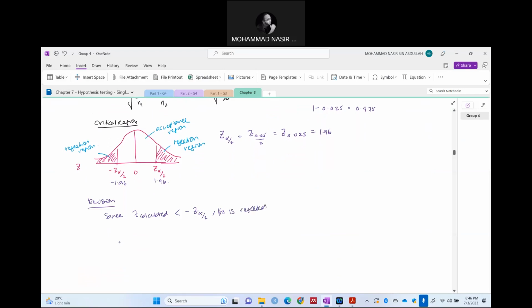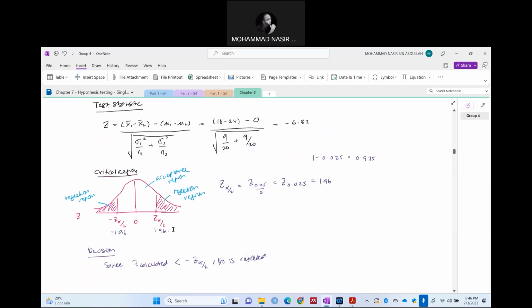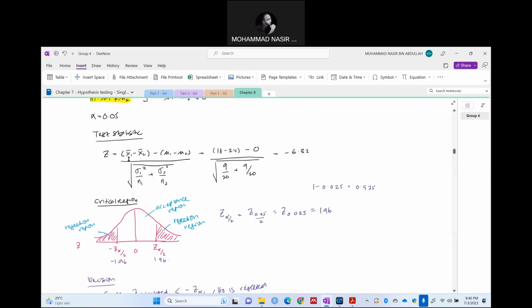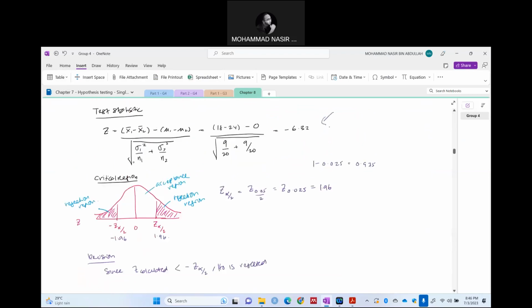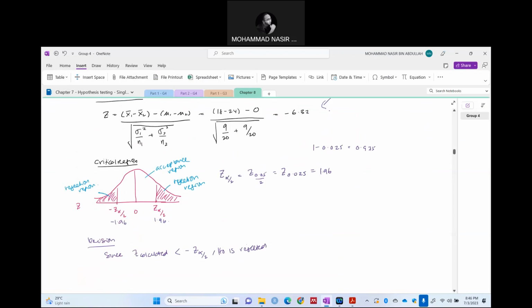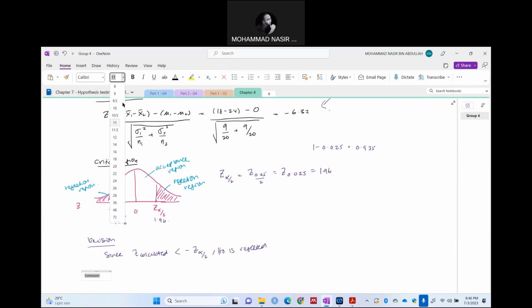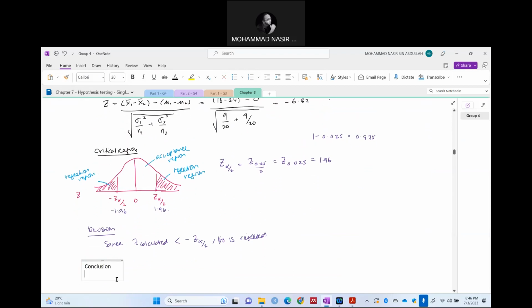Basically, to understand this, if the Z calculated value lies inside the rejection region, then we reject the null hypothesis. So easy to understand, if you cannot understand the decision rule. Okay. So since we reject the null hypothesis, we conclude based on the alternative hypothesis.